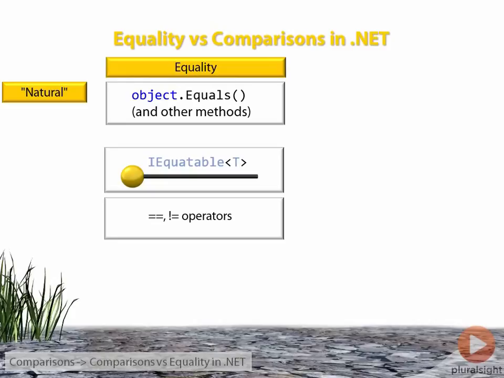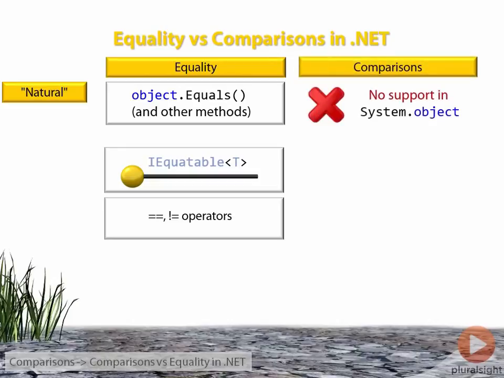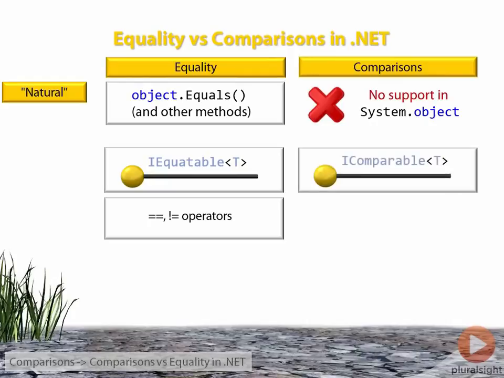If we contrast that with the support for comparisons in .NET, first up, there is no equivalent of object.Equals for comparisons. Next, by analogy with the IEquatable<T> interface with its strongly typed Equals method, is the generic interface IComparable<T>, which any type can, if it chooses, implement.